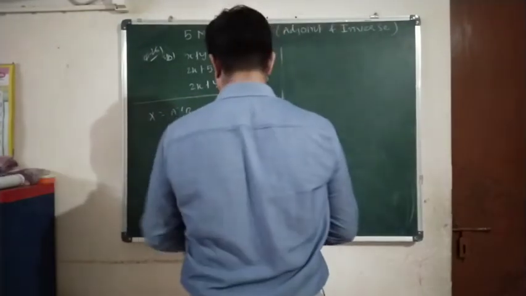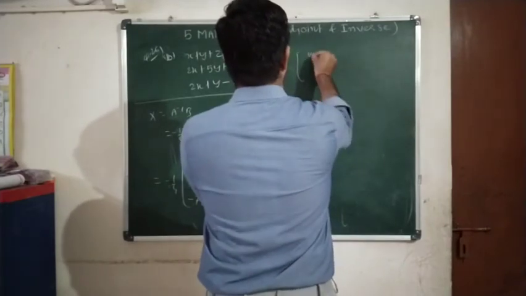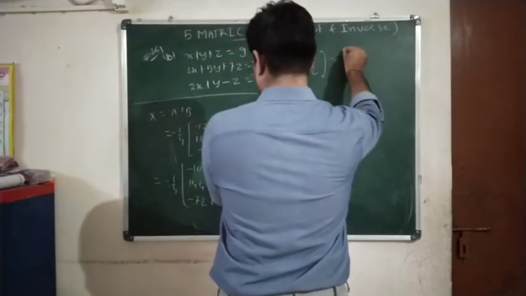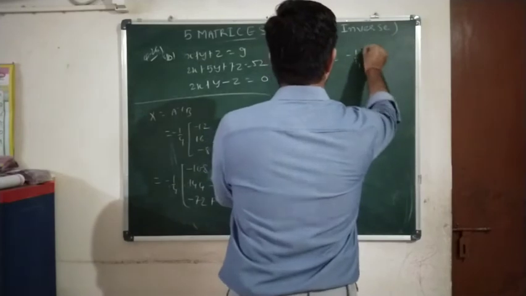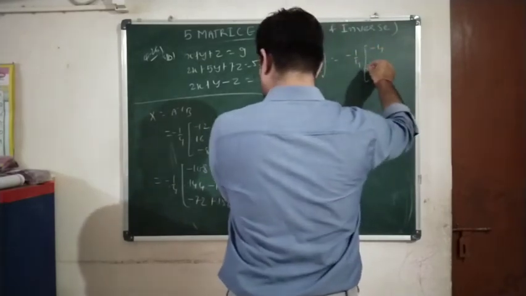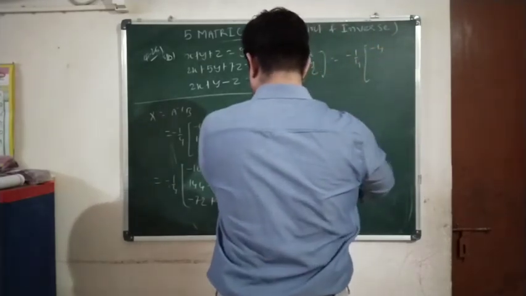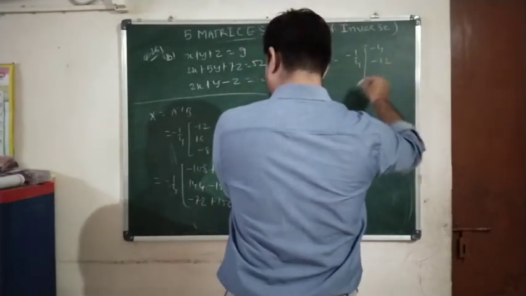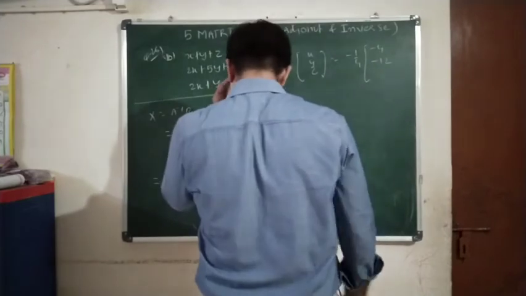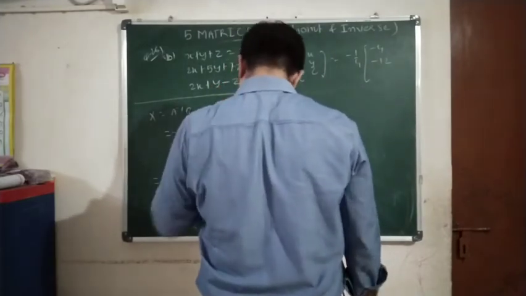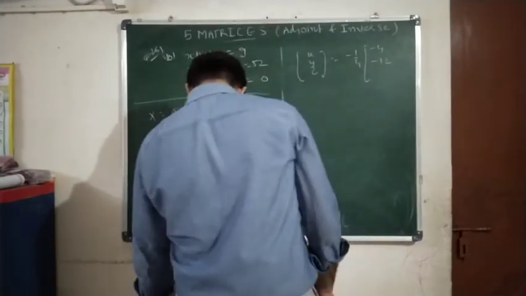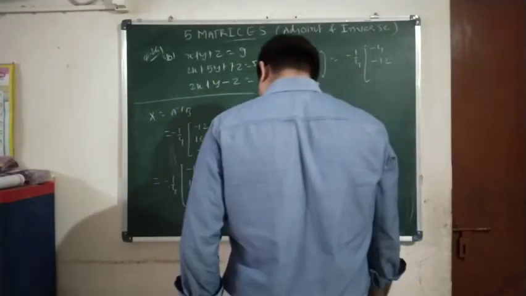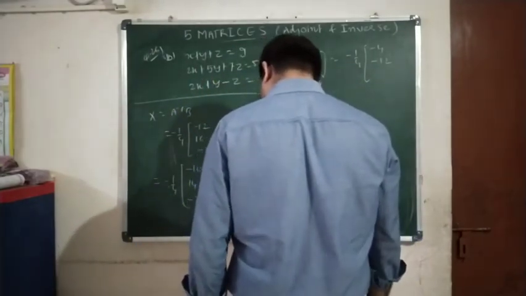We are left with x, y, z is equal to minus 4 times minus 12 and 72, 72 to the 144 plus 12.